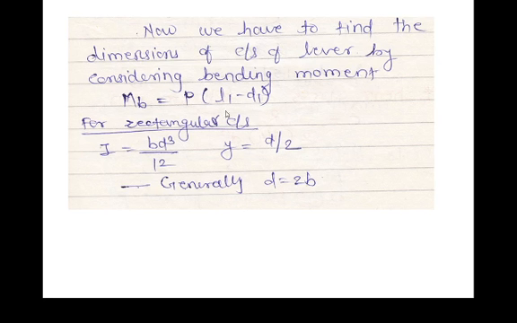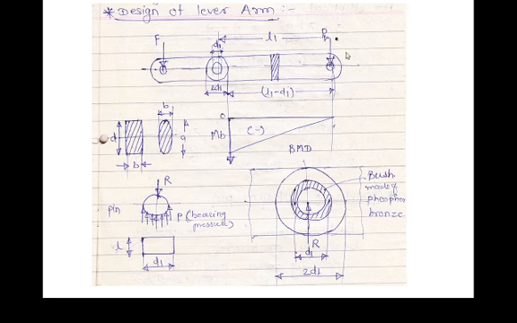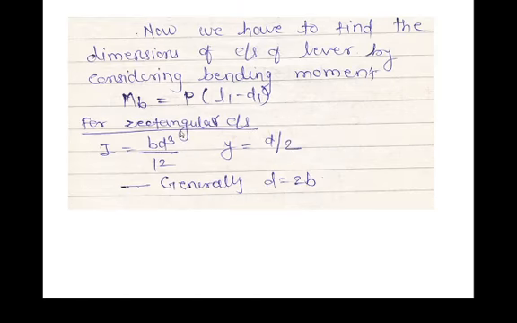The bending moment will be evaluated as P into L minus D1 at this outer surface. Now the moment of inertia will be equal to BD cube by 12 for the rectangular section, and the distance of the neutral axis Y will be equal to D by 2.